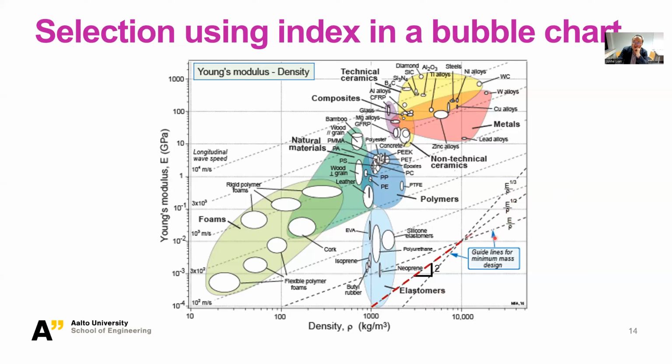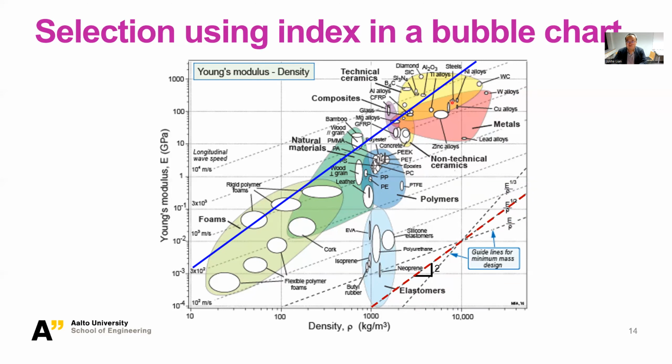If you go with this slope of 2, you can clearly see that if we push up a little bit more, here is the aluminum, but steel is far behind aluminum in that sense. That's a nice example for you to realize how powerful this visualization of your objective in a bubble chart is.